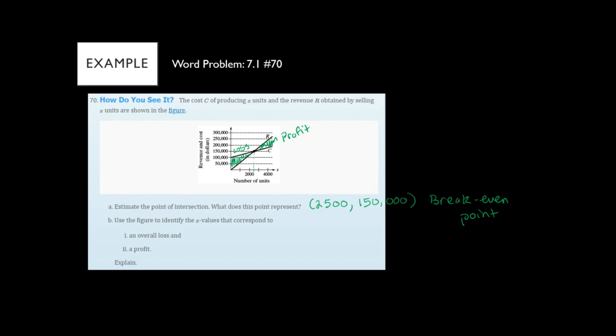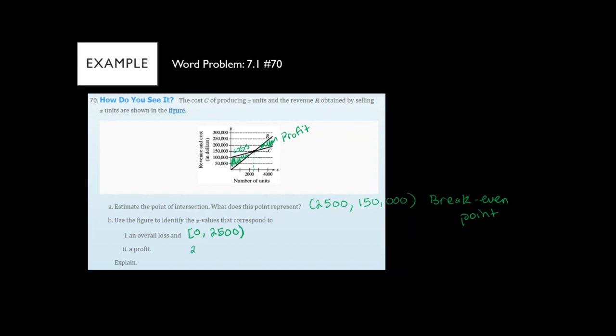So part B says to identify the X values. So we're basically writing this in interval notation. The loss is between 0 and that intersection point, 2,500 for the X. And actually, I should have an open parenthesis at 2,500 because at 2,500, it's not a loss, they break even. So I can't actually include the break-even point. So it's below the break-even point, basically, where we're losing money.